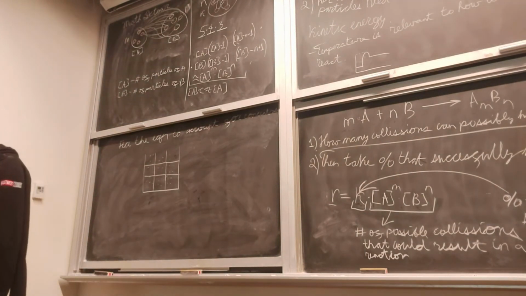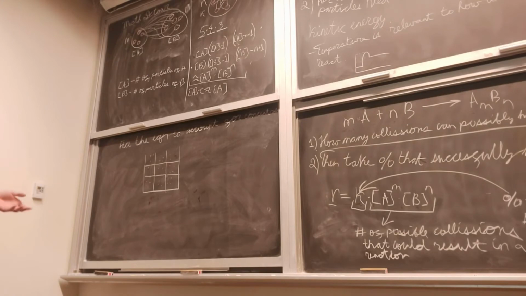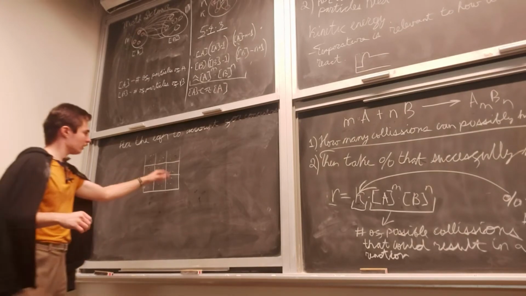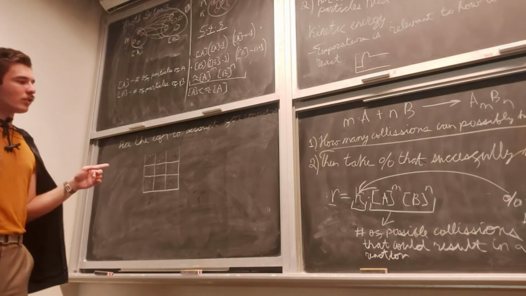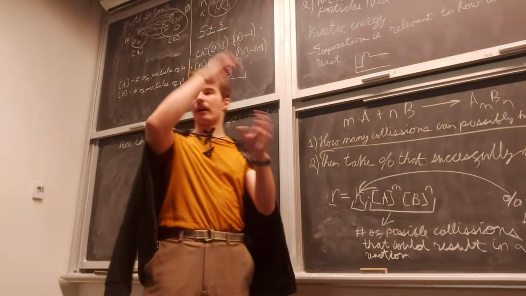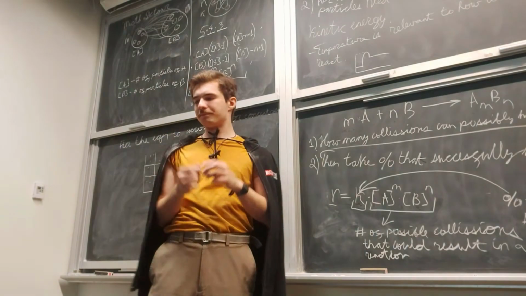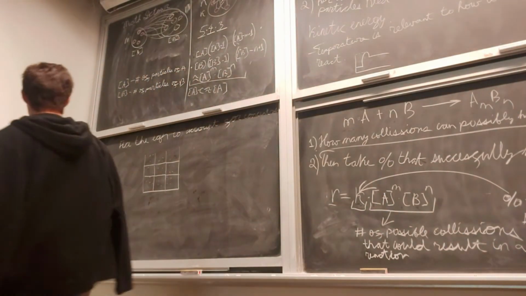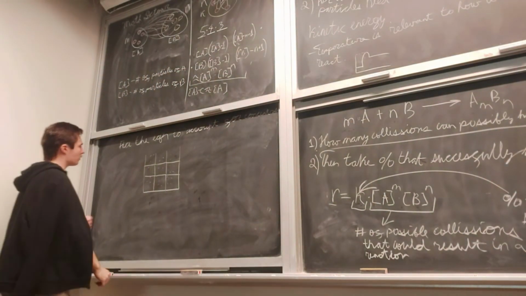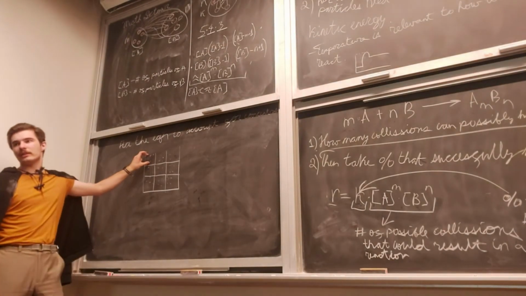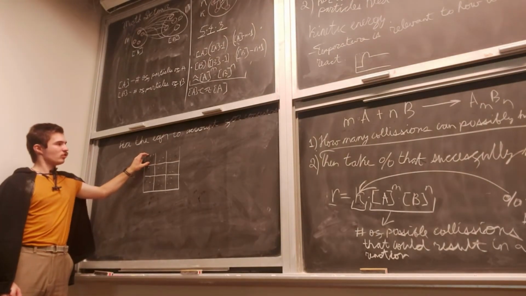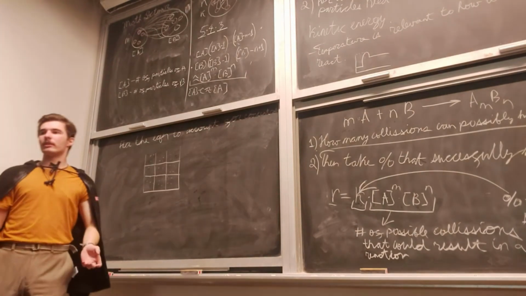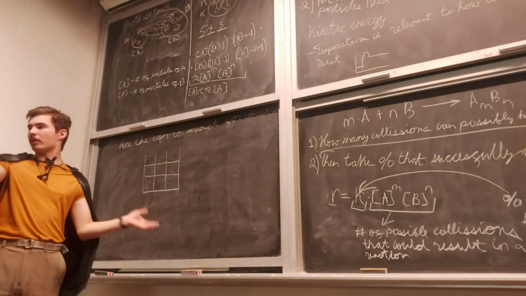If it's evenly mixed, you'd expect what happens locally is what happens everywhere. So instead of talking about everything that's happening in the entire thing, we can just look at what happens in a single liter. If we know what happens in a single liter, we know what happens in 2 liters and in 3 liters.